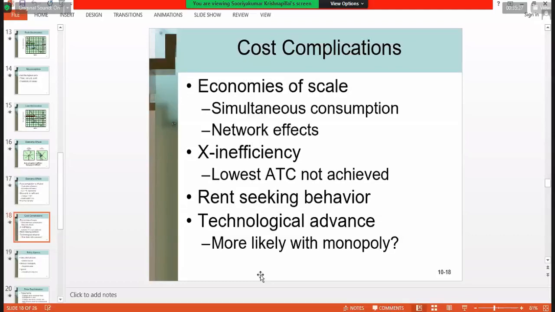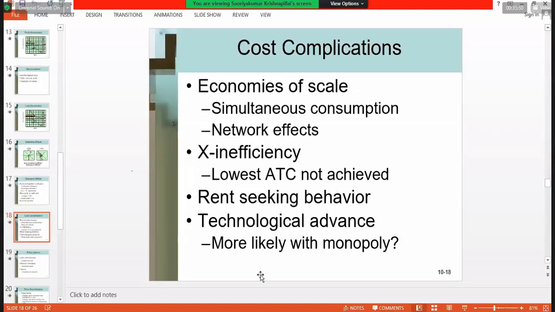When a single large firm produces more and more output, average total cost decreases continuously, so the large firm can produce output at the lowest cost.